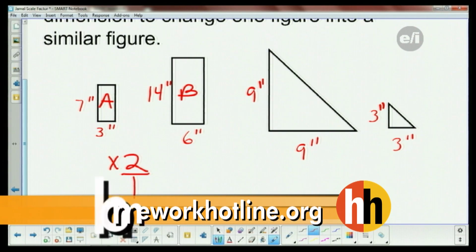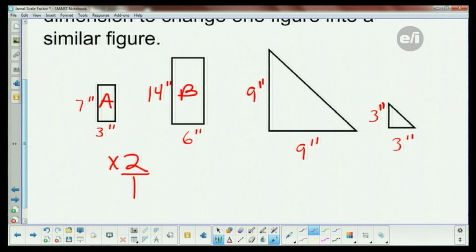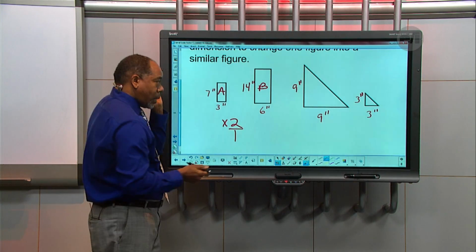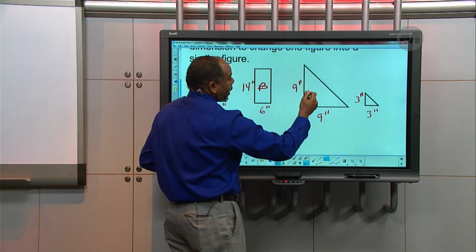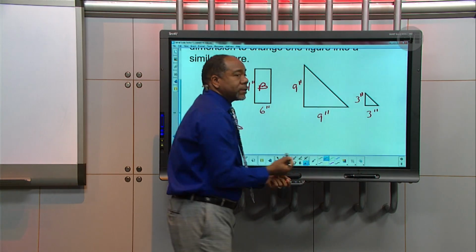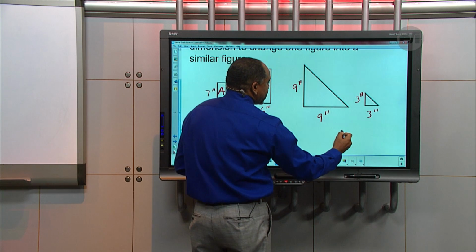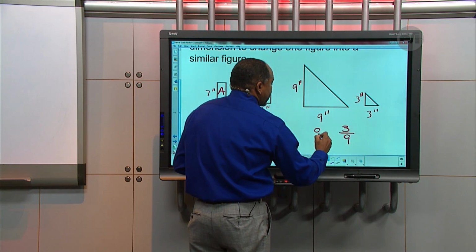If I look at this triangle, notice this figure is getting larger, so my scale factor is a ratio of 2 to 1. In this example, notice that my triangle is getting smaller. What do I do to 9 to get to 3? I can write it 3 over 9, or I can write it 9 over 3.